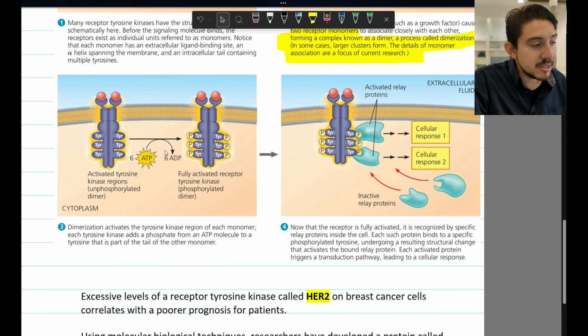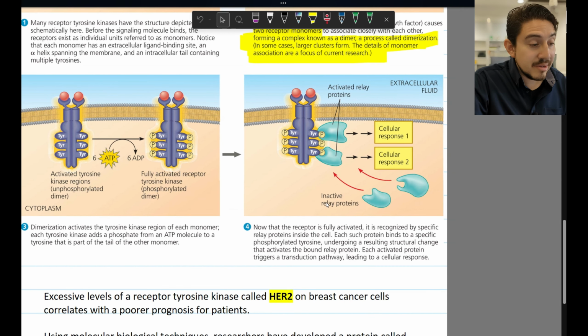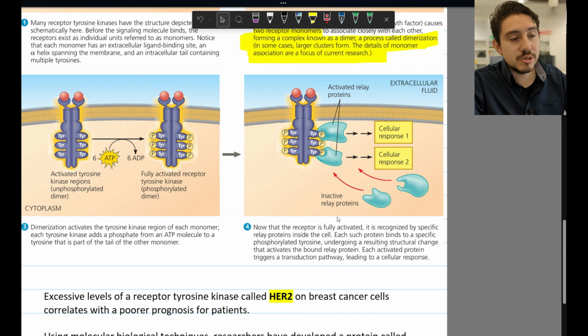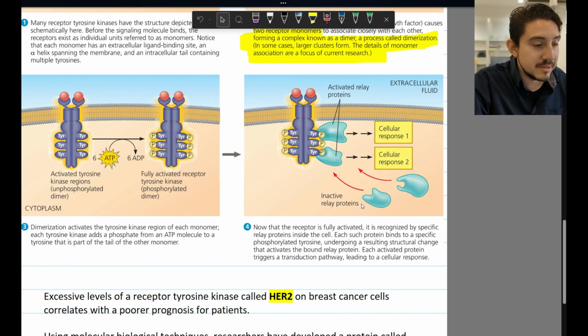So in this case, you have 6 tyrosines, and ATP will come in, phosphorylate the tyrosines, and now you have an activated receptor. When the activated receptor has the phosphates, it can recognize other relay proteins, okay, that can later induce some cellular response.